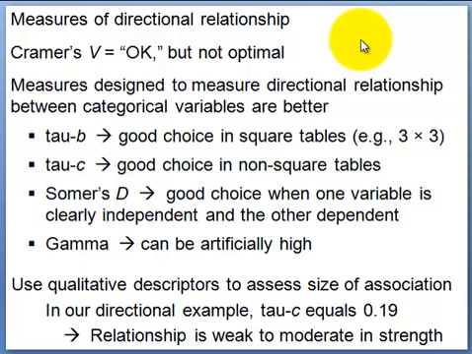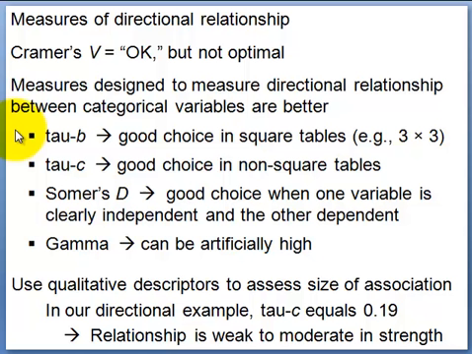A 3 by 3 table is square. On the other hand, tau c is better for non-square tables. Somers' d is a good measure of directional relationship in situations where one variable is clearly independent and the other is clearly dependent. And a final measure of directional association between two variables is gamma.